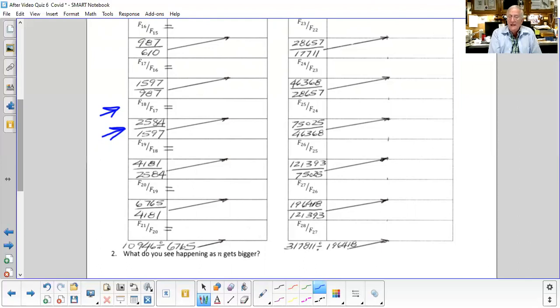If you do that, I'd like you to write your answer correct to 7 decimal places, but you don't have to round it off. Just write 1.618 and then the rest of the decimals.